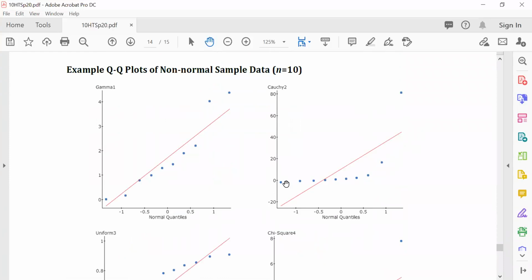What you are trying to see is whether those blue dots are in line with this theoretical straight line. If all the blue dots are in line with this theoretical straight line, that falls in the criteria that we use to decide whether a distribution is normal or not using a QQ plot.